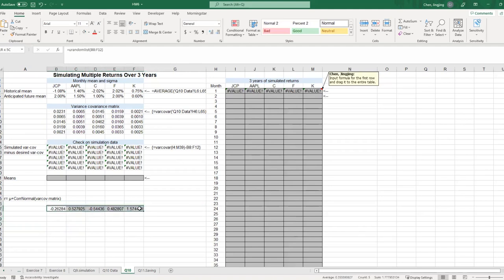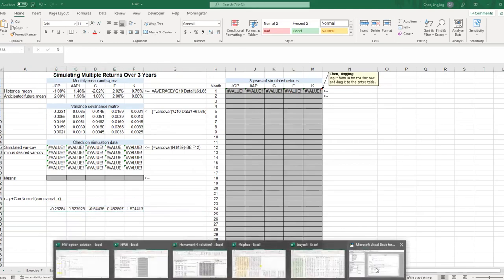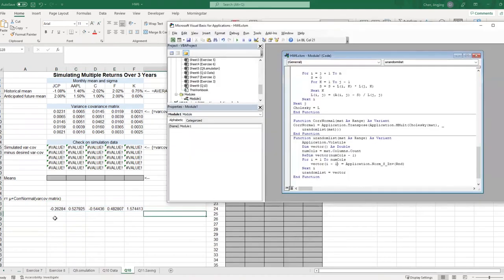It turns out to be only one series of random numbers, and that's great. This is in a column. You could make it into one row by changing everything here, but I just want to simplify, so the easiest way I can think of is to transpose the numbers here.